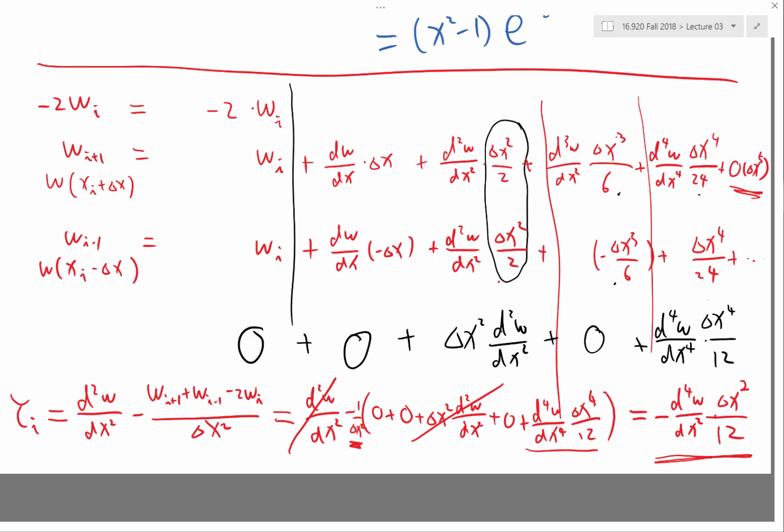And yes? What else happens if you use a different step size forward and backward? Good question. If I use a different step size going backwards and forward, so my i plus 1 would have a delta x plus, my i minus 1 would have a delta x minus. Do you see anything weird about this analysis?